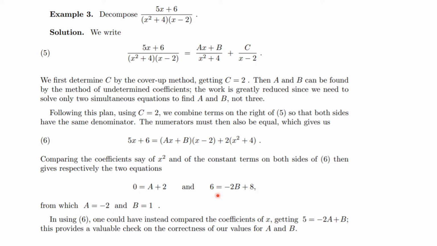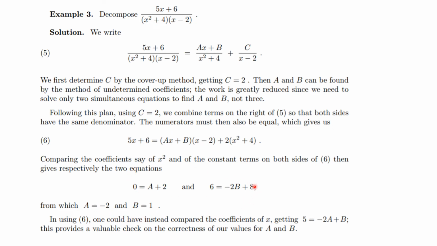And then we also see that the constant term is −2B + 8, which is going to equal the constant 6. And so you can solve both those. A is −2 and B is equal to 1.